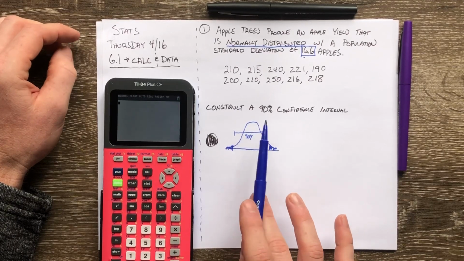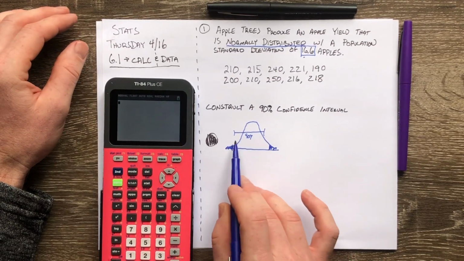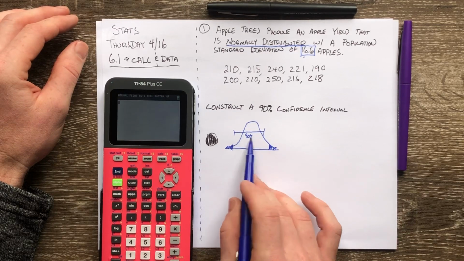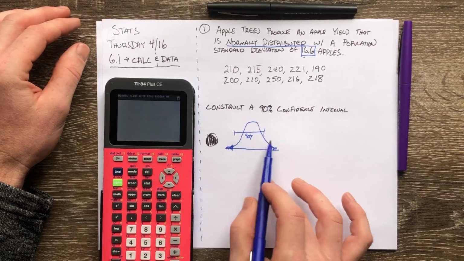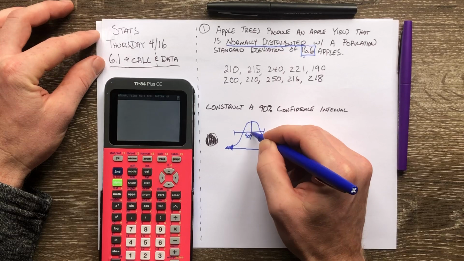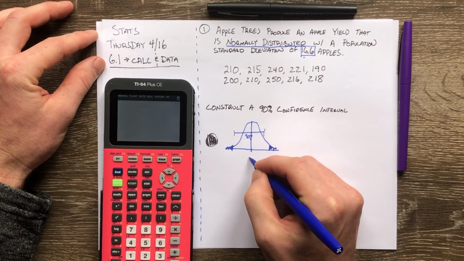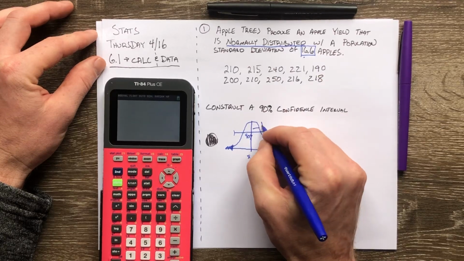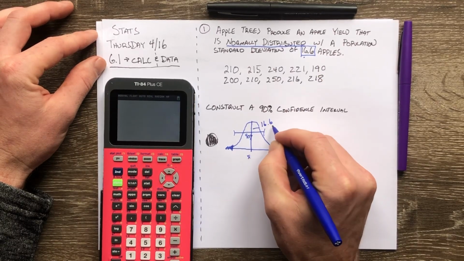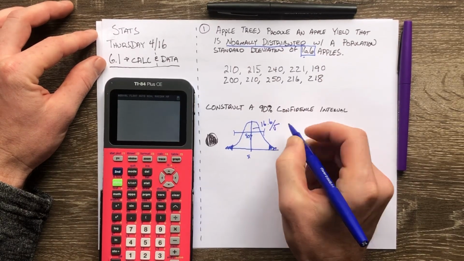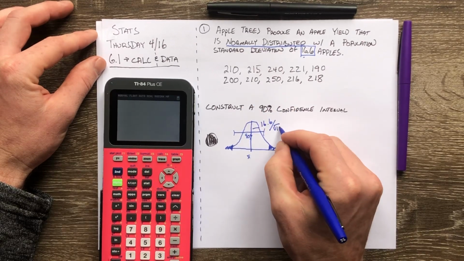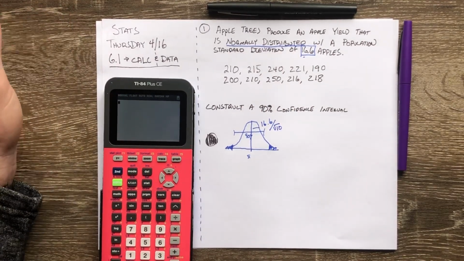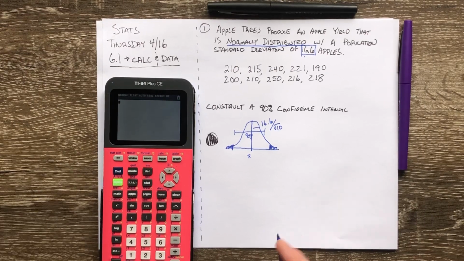What we're going to do is try to find a good range that we think the population mean is going to be in, right? So this is a sample mean. We're going to look at the population mean. So the thing that goes in the middle is going to be our mean. And the standard deviation, I already know, is going to be 16.6 divided by the square root of, I have 10 things.